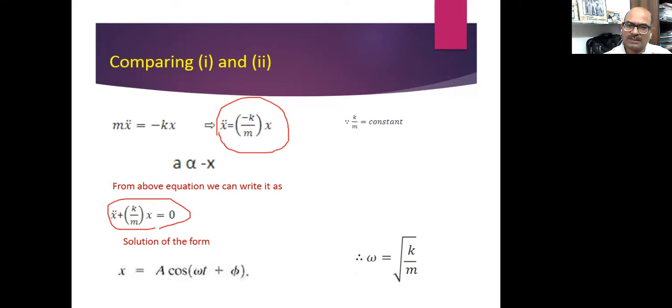So omega square is equal to k by m, or omega is equal to the square root of k by m.